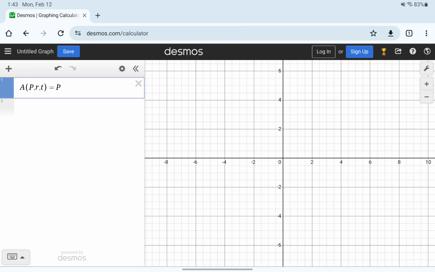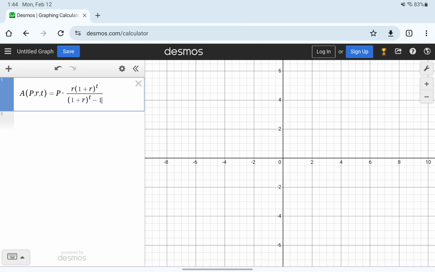And this is going to be equal to capital P times, I'm going to go ahead and put in that fraction, R times 1 plus R to the T power over 1 plus R to the T power minus 1.